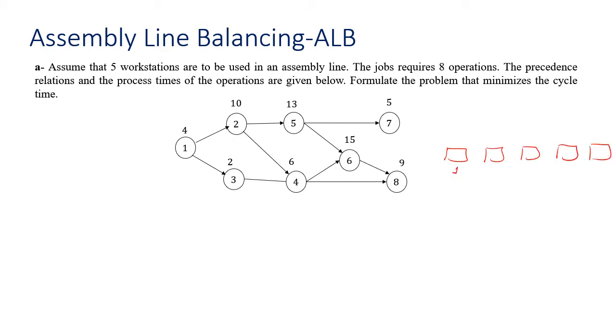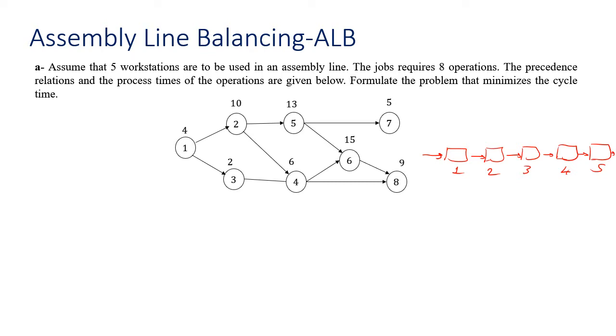So these are workstations. The workstations may consist of machines or workers that perform a number of tasks on the material. The raw material enters here and some assembly operations are performed in the first workstation, then it moves to the second one, where some other operations are performed, and it moves to the third, fourth, fifth, and then the assembled part leaves the line.